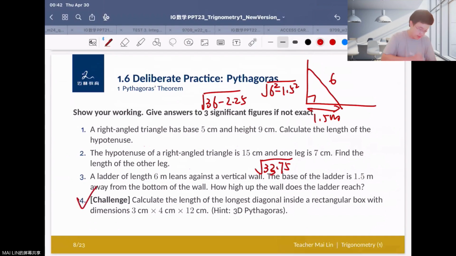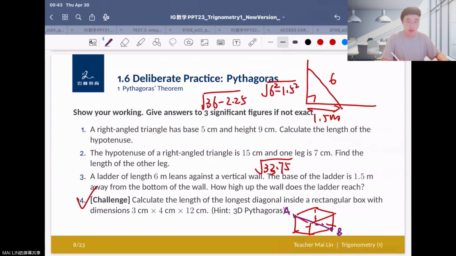The last problem: calculate the length of the longest diagonal inside a rectangular box with dimensions 3, 4, and 12 centimeters. Draw the rectangular box. To find the longest distance, you find the two points A and B with the longest distance.